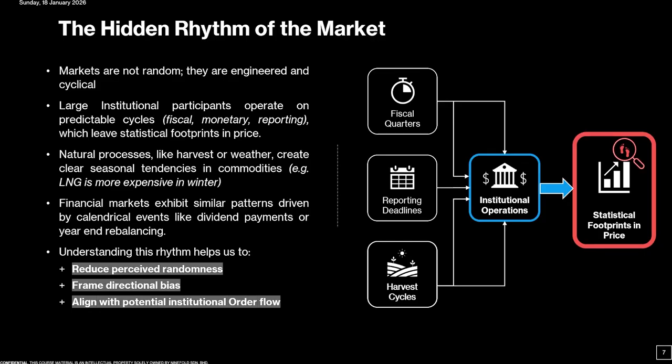And if you think about how commodities work, let's say we were looking at LNG, liquid natural gas, we know that liquid natural gas is more expensive in the winter. During the winter months, Western countries, so countries in the northern hemisphere, even Japan, famous LNG buyer.